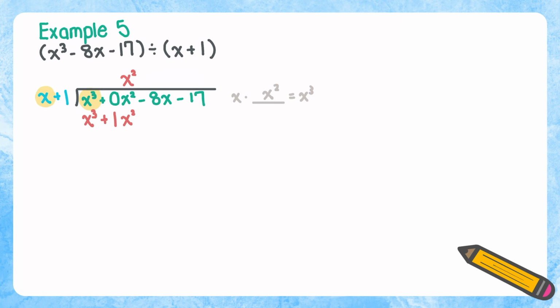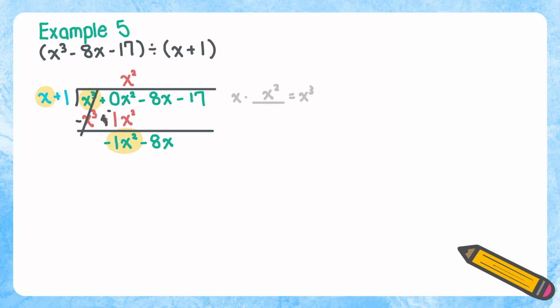And then you guys already know the drill. We're going to flip the signs of both terms right here. Right, so x cubed minus x cubed, that cancels out. And we are left with negative 1x squared. And then we pull down the negative 8x.